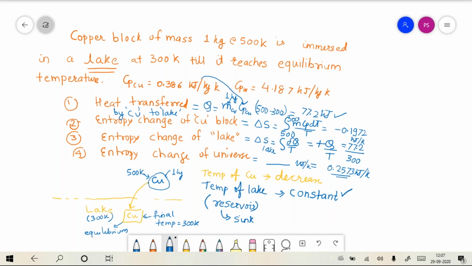Anybody who has not understood this, you can tell me, and I will repeat it. Okay, no problem. If you understood this, then it is okay.